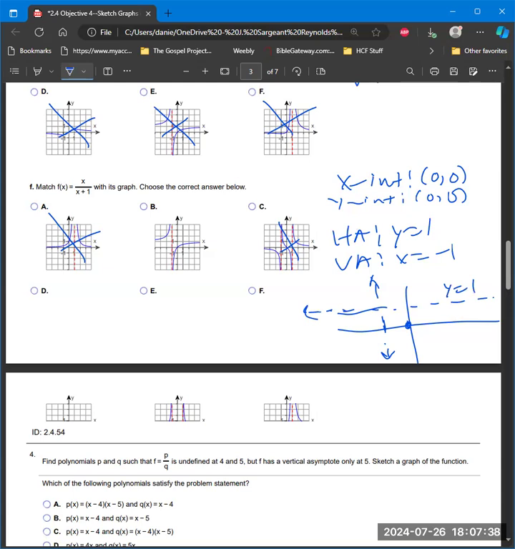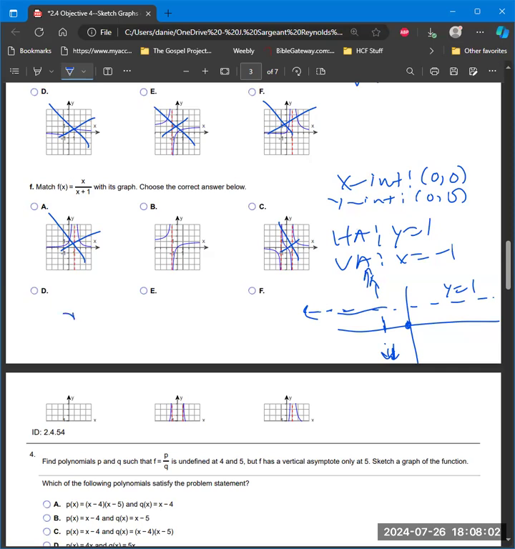As I get close to -1 from the right, this is going to be positive, and this is going to be negative. That's going to make me go to -infinity. As I get close from the left, this is going to be negative, this will also be negative, and I'll go to positive infinity.